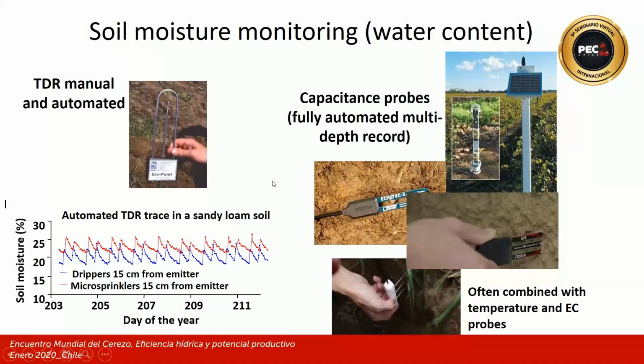Most systems on the market are capacitance probes. These can be installed manually at desired soil depths and often come with other sensors associated with them, temperature and electrical conductivity, or EC, being the usual ones.